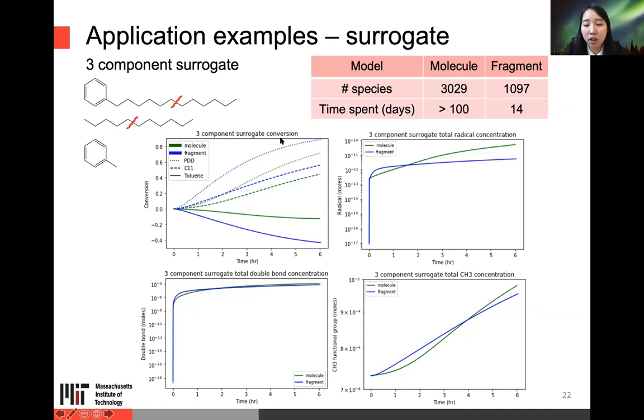By comparing the conversion, the total radical concentration, or the total functional group concentration, we can see both models look similar. But if we compare the total time spent, we can see there is a large difference. The fragment modeling largely reduced the time required to capture all the important chemistry for the systems.